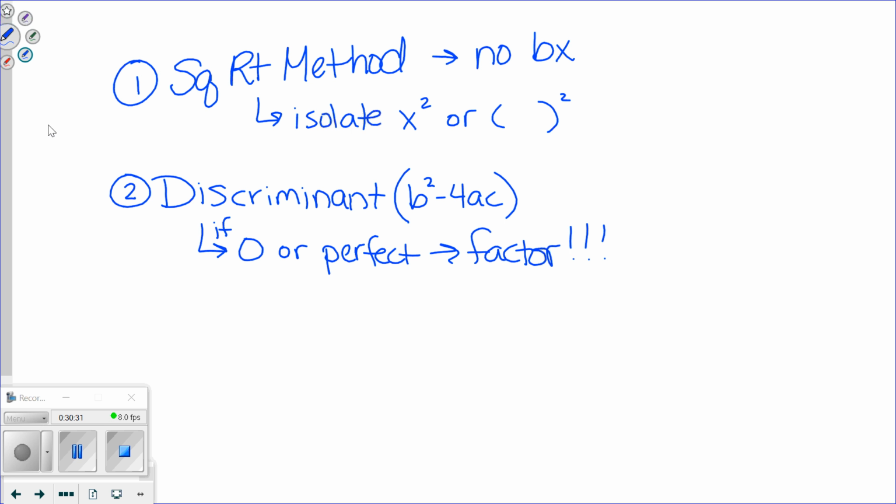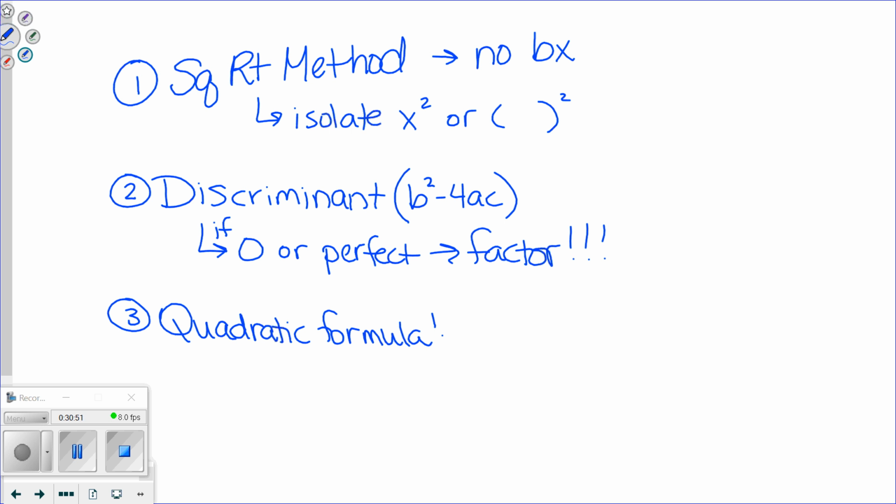Okay, so I would find those two, and then last, use the quadratic formula. So that back page, that's kind of your game plan.